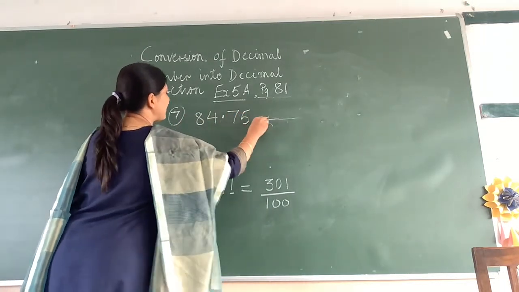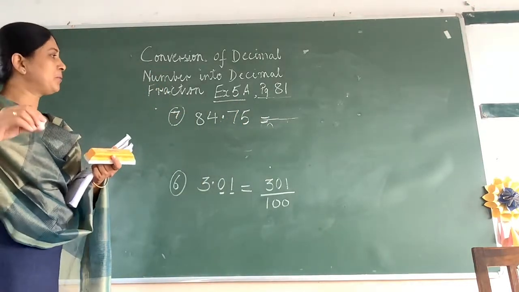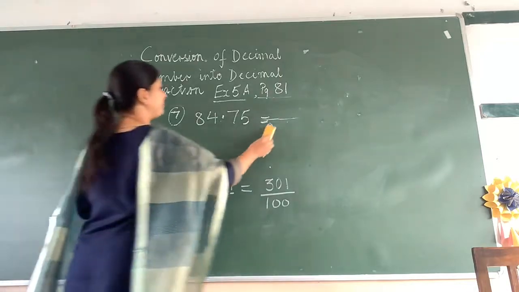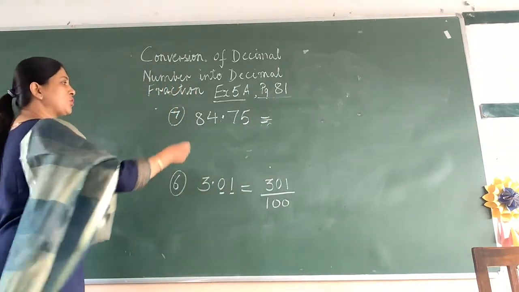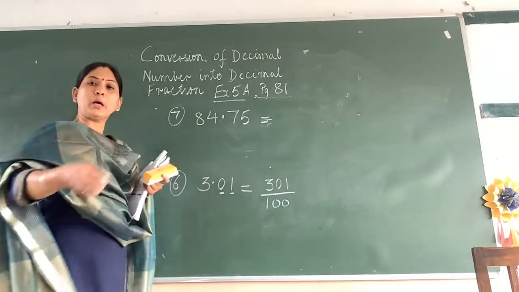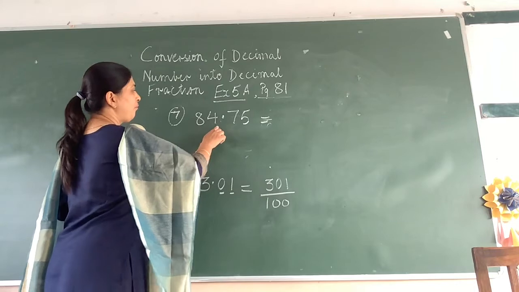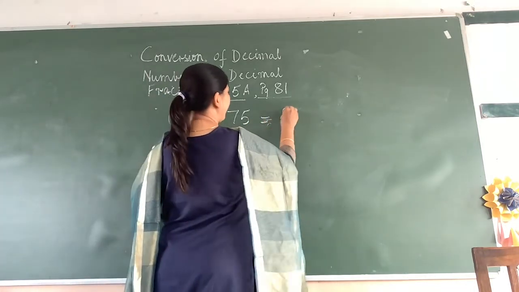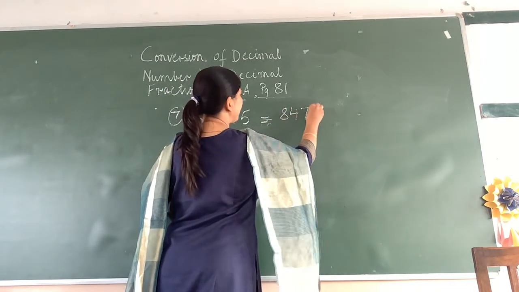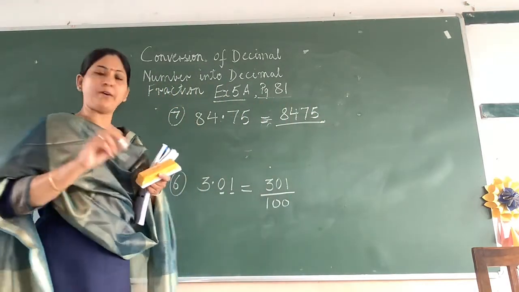84.75. Let's write this decimal number. Let's change the decimal number into a decimal fraction. Now, let's write the numerator. Children, let's write the number without the decimal point. That will become the numerator. 8475. If we write this number without the decimal point, our numerator will be 8475.